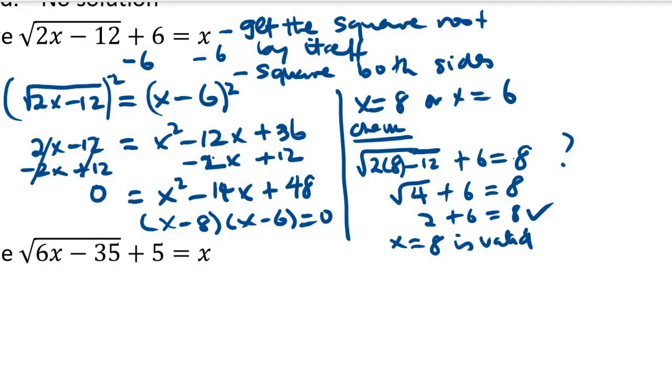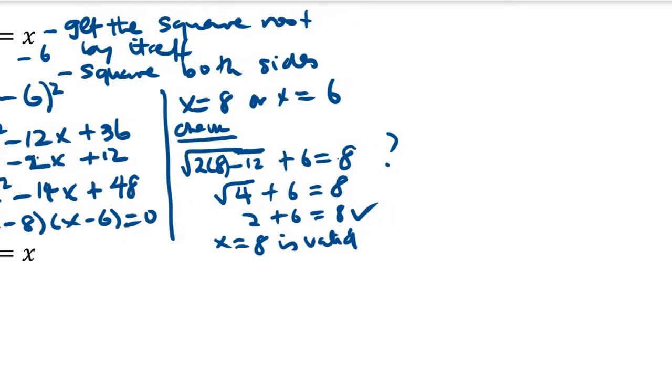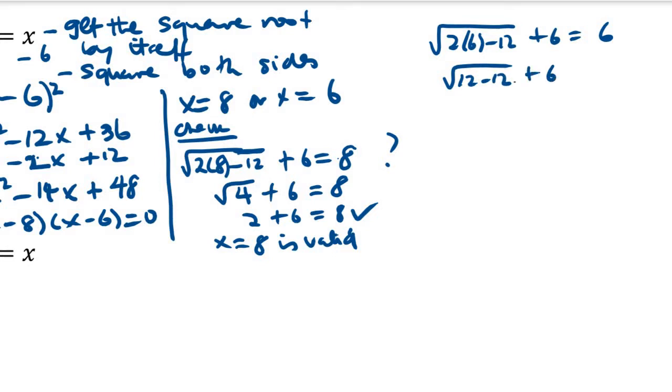Okay, let's do the same thing for 6. So square root of 2 times 6 minus 12, plus 6 equals 6. Square root of 12 minus 12 plus 6 equals 6.